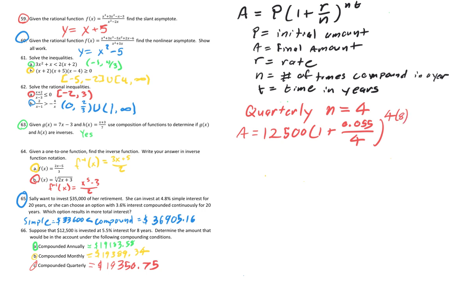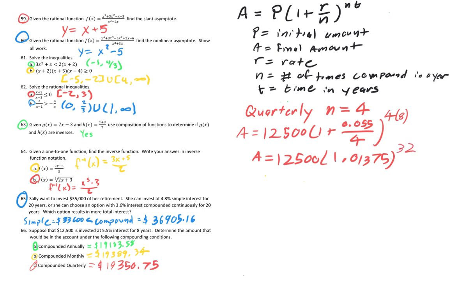So now just simplifying a little bit before we plug it into our calculator all the way. 0.055 divided by 4 plus 1 leaves us with 1.01375 to the power of 4 times 8, which is going to be 32.